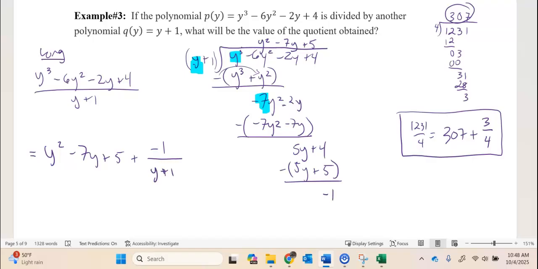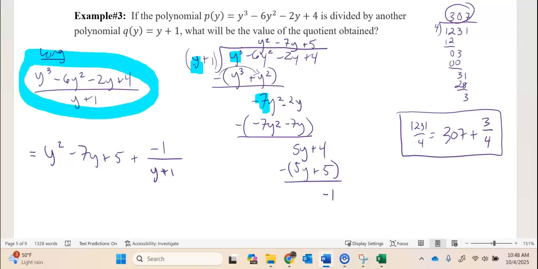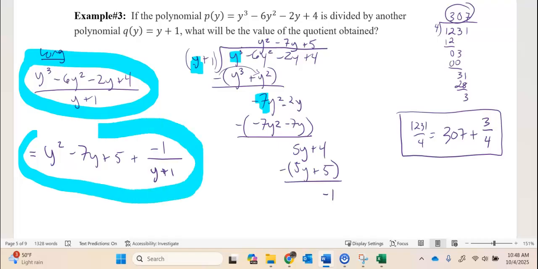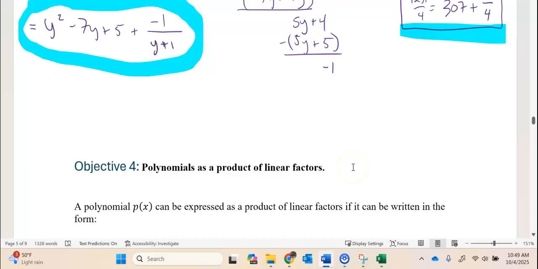This division problem can be written like this: the answer of the division problem, the quotient, and then the remainder over the divisor, just like we did over here.